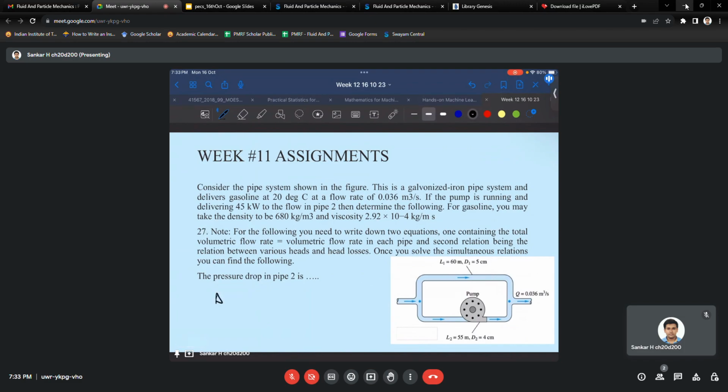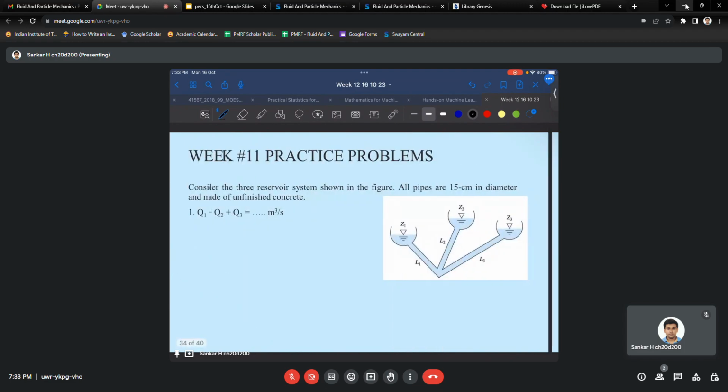And here it will be delta P is equal to F L2 by D2 V2 square by 2G minus the H pump which was described earlier, and both of them will be equal to 774 kilopascal. Because it is conducted in parallel, the pressure drop will be the same.